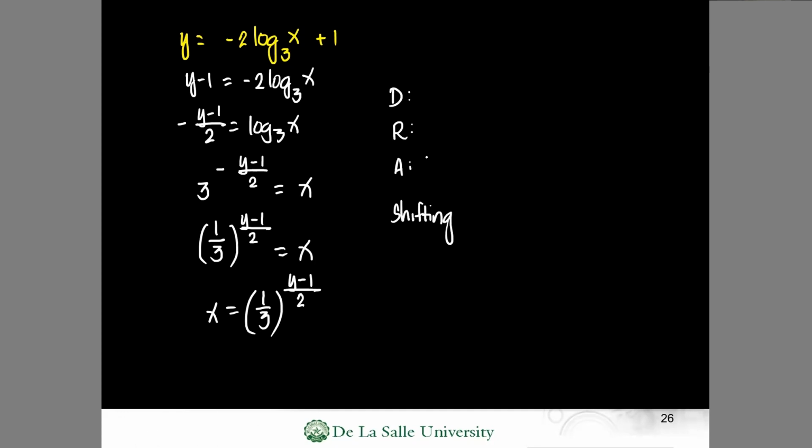Some of you are allergic to seeing that negative sign. Can I make it like this, just to remove the negative sign? Yes. So, what is the exponent? Is it x or y?